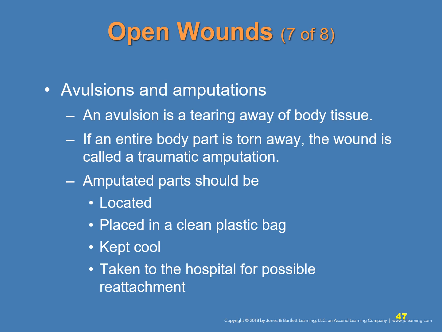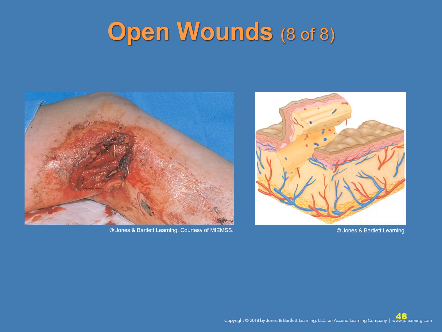Cold ice packs or ice water can be used to keep the detached body parts cold. Do not allow the ice to touch the body part directly. Avulsions, raised flaps of tissue. Significant bleeding is common.